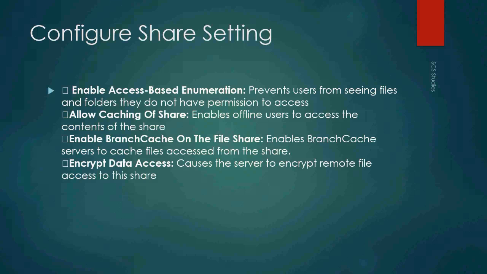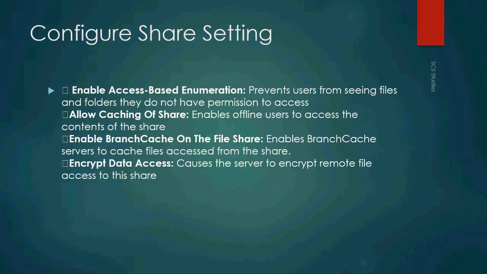The next is encrypt the data access. This is one of the important features. Most organizations are currently very conscious about ransomware. You have also heard about the term ransomware. Ransomware is a kind of virus which affects the data, encrypts the data, and demands a ransom in money.